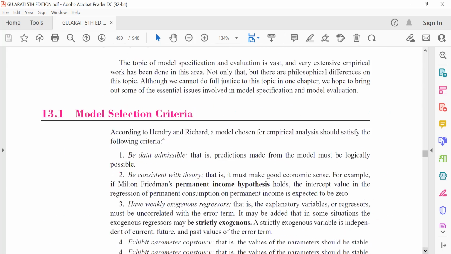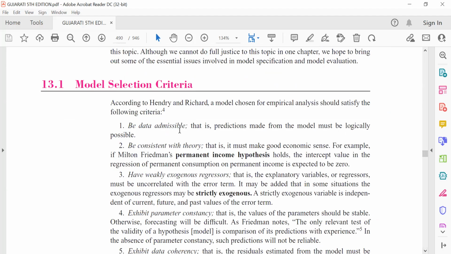Model selection criteria: according to Hendry and Richard, we have the following criteria. First, be data admissible. If you have an article, you cannot directly use it, because maybe we have different data availability.